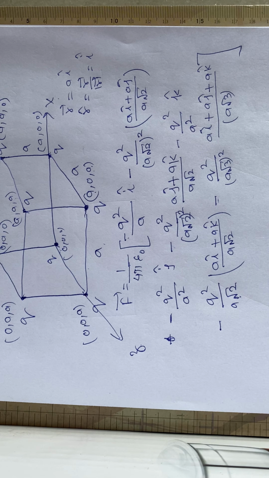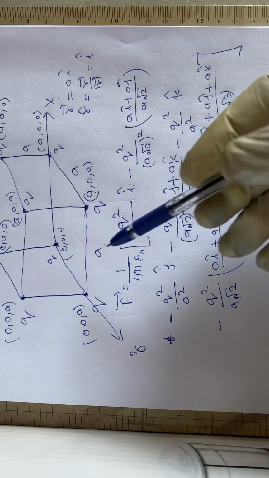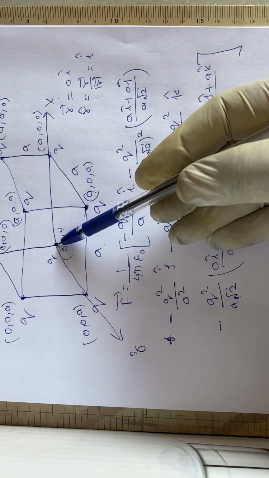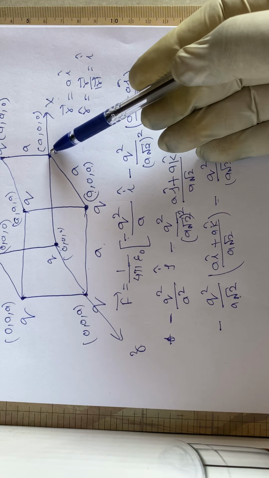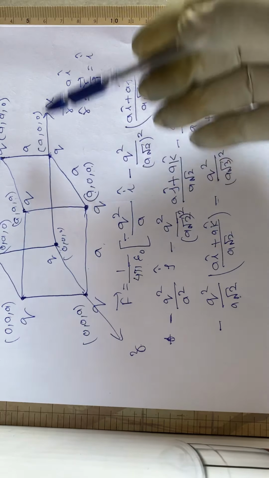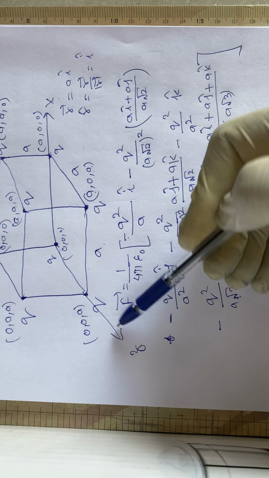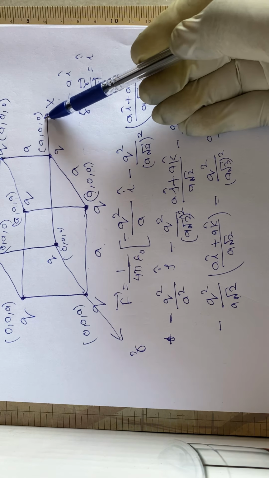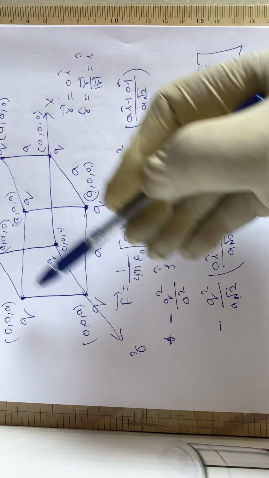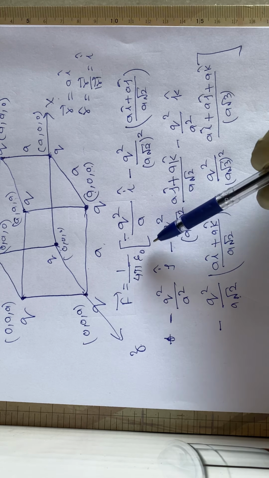So you can see this is a difficult question, but I have solved it in just one line. What you have to do is place the charge on which you want to find the force at the origin first, then define the axes x, y, z, then write the coordinate of each point carefully. If the force is repulsive, use a negative sign; if the force is attractive, use a positive sign.